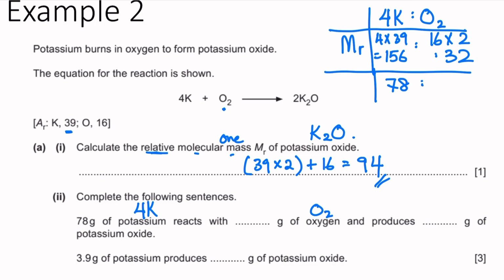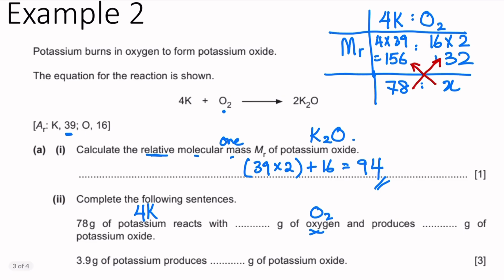So how much oxygen is needed? You don't know, you put an X. So next you need to cross multiply, only focus on this number.